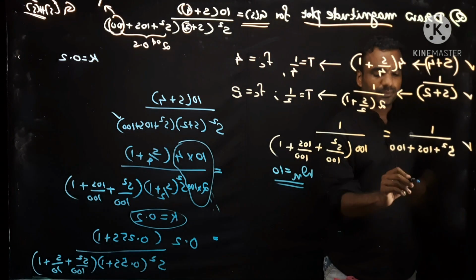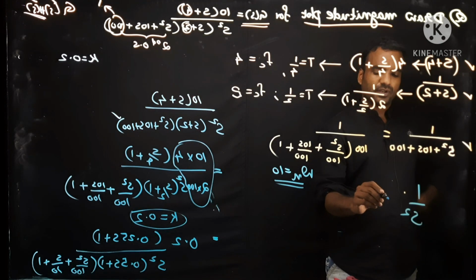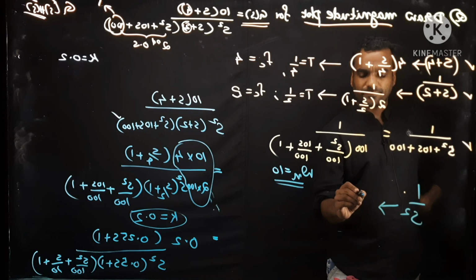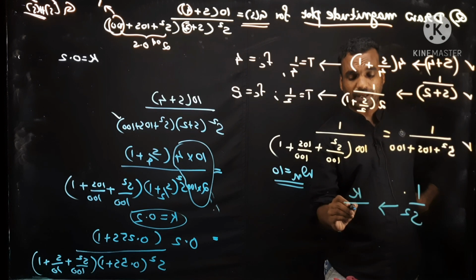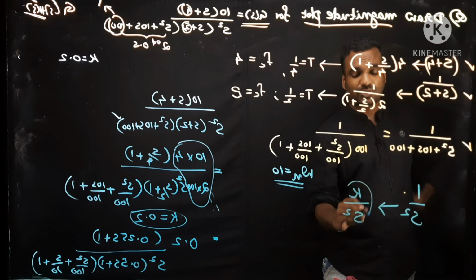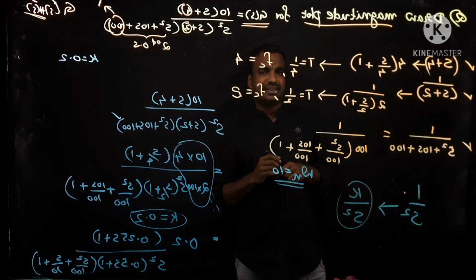There is one more term, 1 by s square. To solve the problem more easily, I suggest you take k by s square as a single term. Then your steps will be somewhat easier.